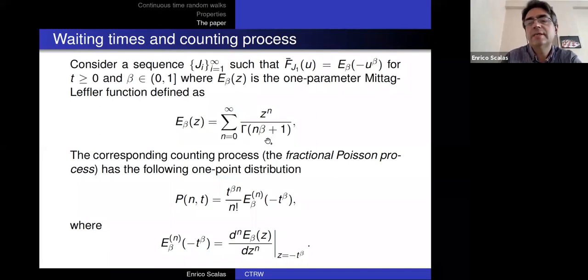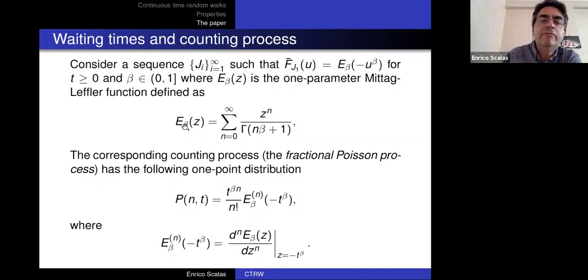which is one of the many possible generalizations of the exponential function. So if you put beta equal to 1, gamma of n plus 1 is n factorial. So you have the sum from 0 to infinity of z^n divided by n factorial, which is the exponential of z.